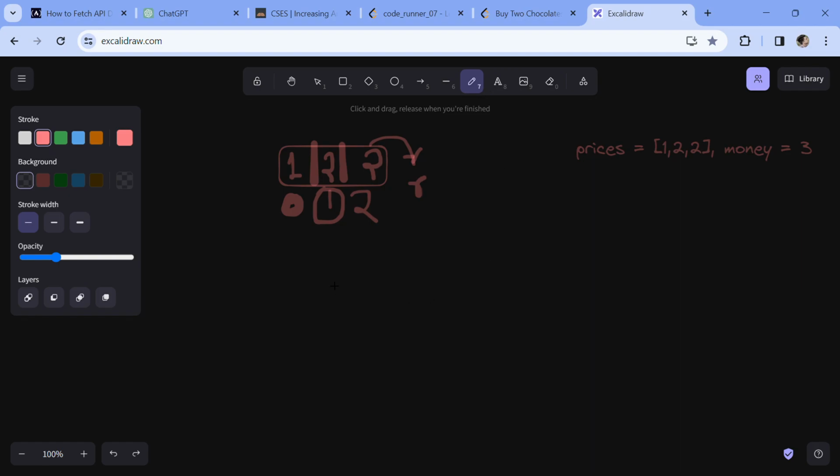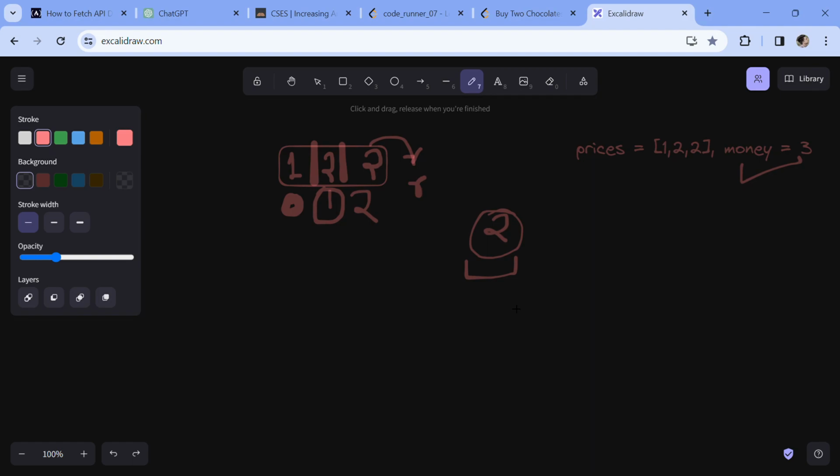So in this question we have to simply take the two smallest numbers, add them, and compare with the money. In the question we have to buy two chocolates, so we can do that by taking the minimum amount.